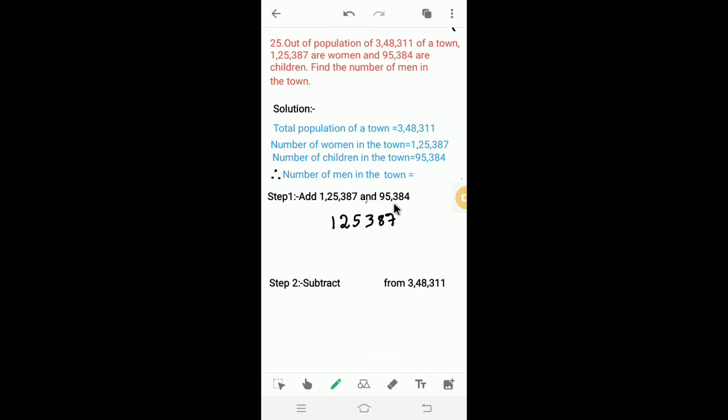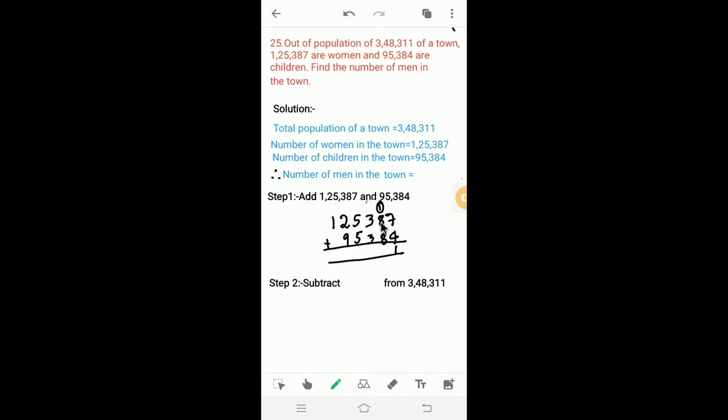Next I will take 95,384. So 4, 8, 3, 5, 9. Now I will start addition from ones place. 7 plus 4 is how much? 7 plus 4 is 11. So I will write 1 here and 1 carry.